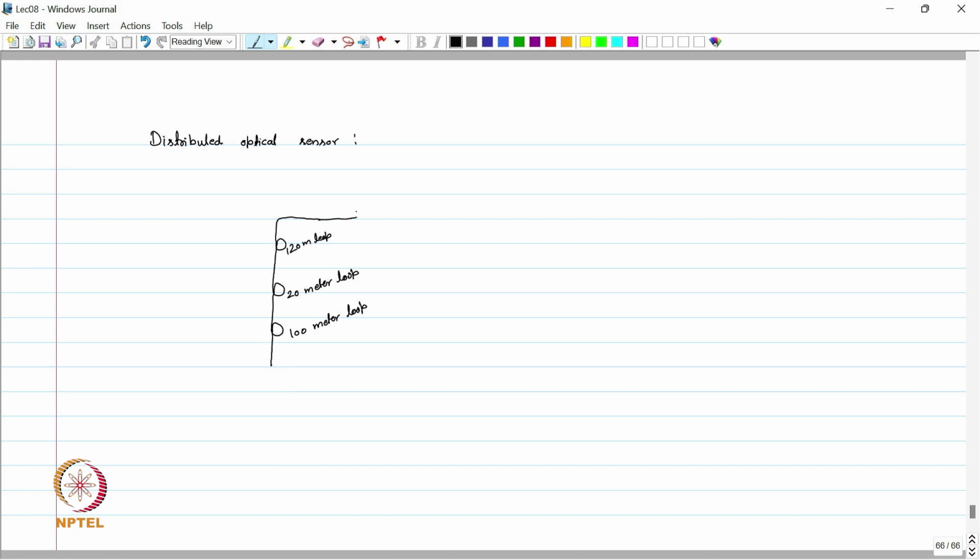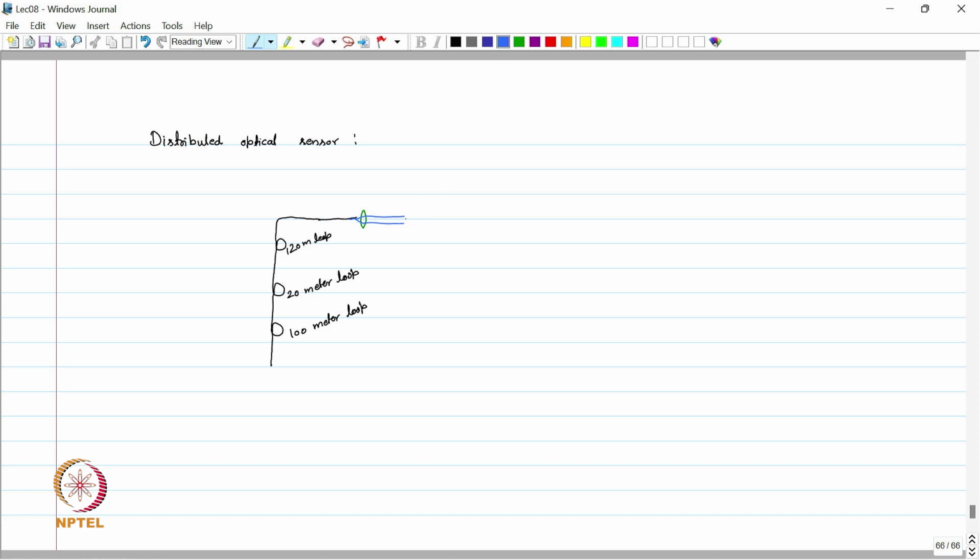Now we shine a high intensity light. We use some sort of a lens here to couple all the light into this optical fiber. This light is sent by a laser or something which is very high intensity in nature.